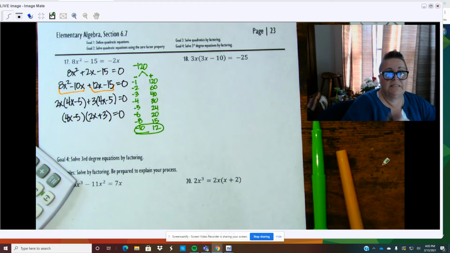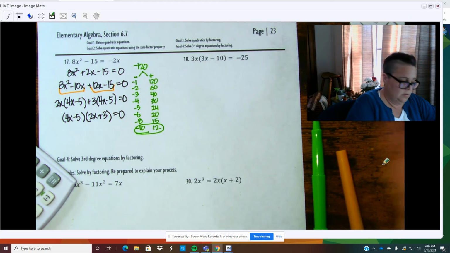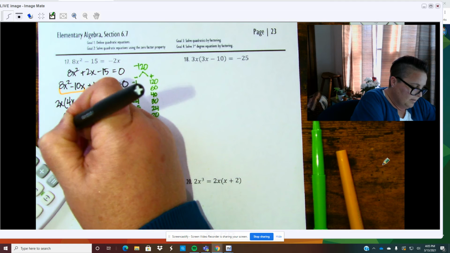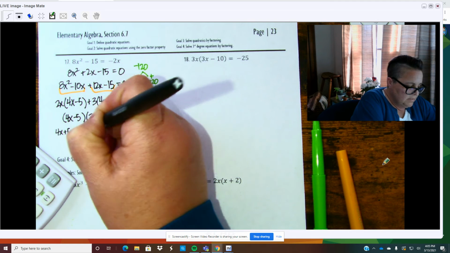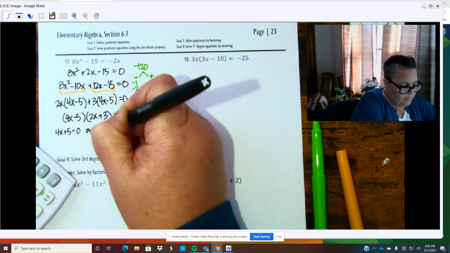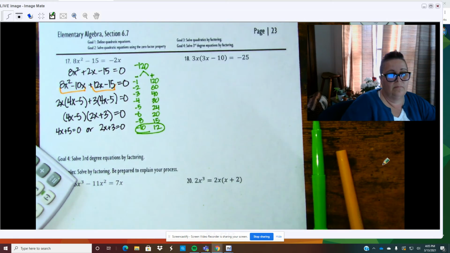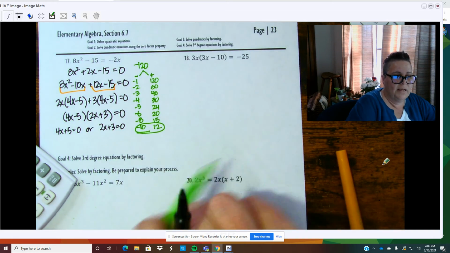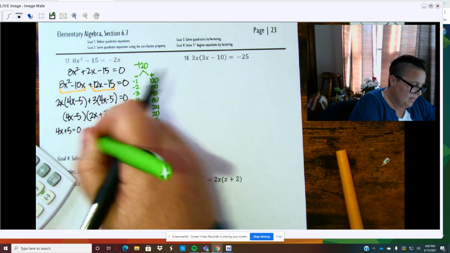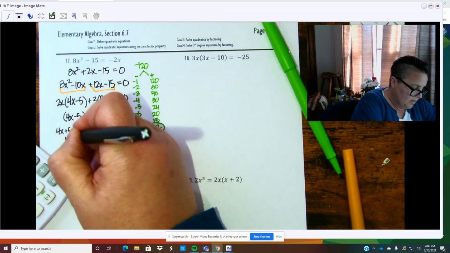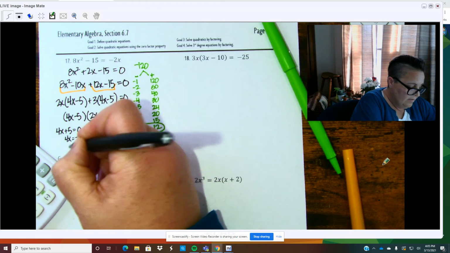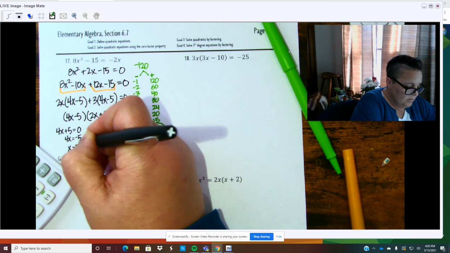So using the zero product property, I know that 4x plus 5 would be equal to 0, or the 2x plus 3 would be equal to 0. If it's the 4x plus 5, I'm going to subtract 5 from both sides. 4x would be a negative 5. Divide by 4.